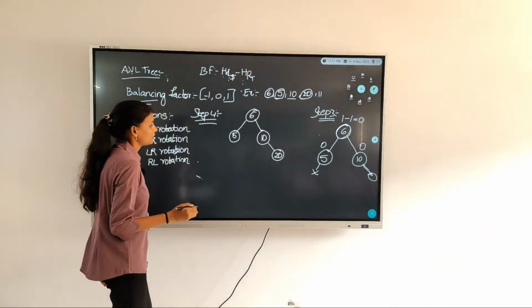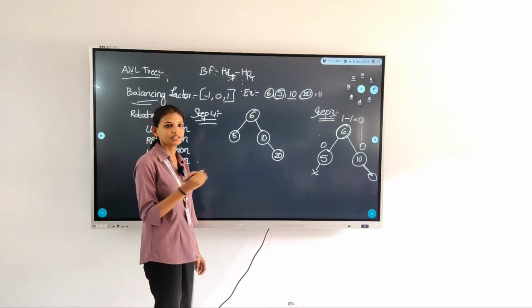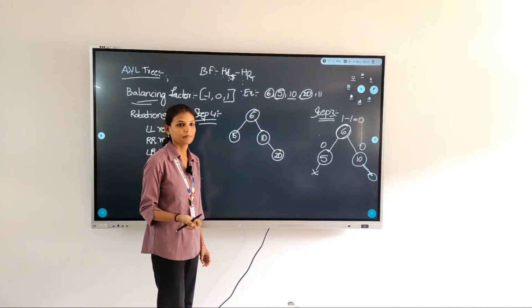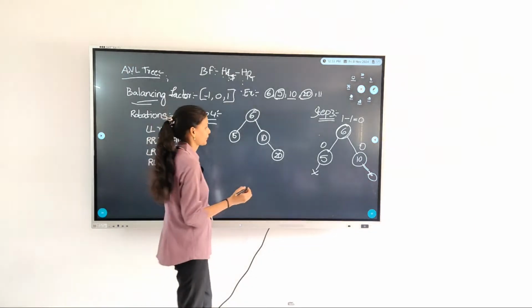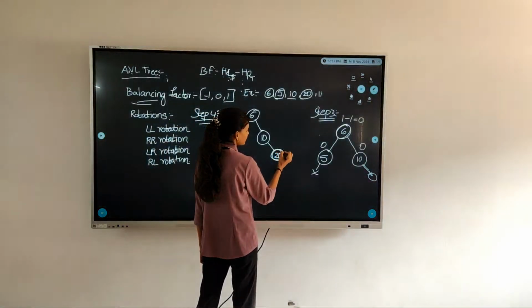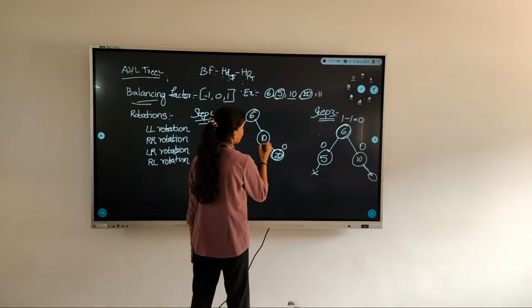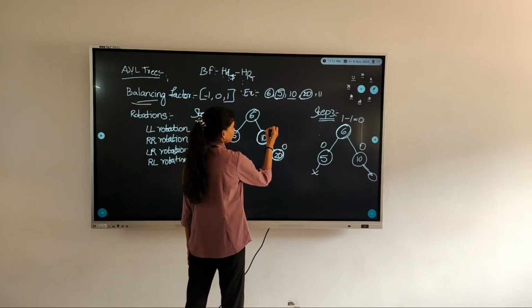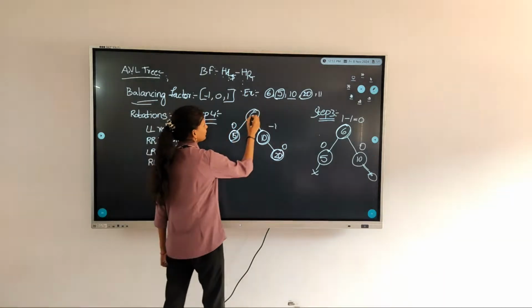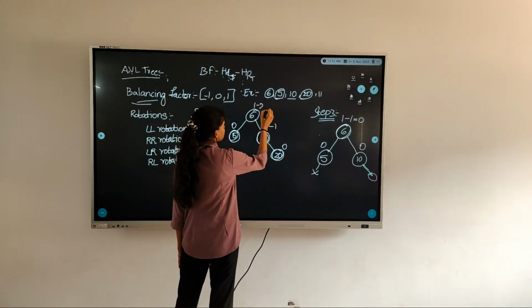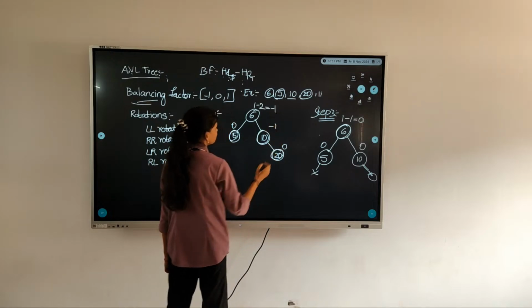Here also, can anybody say whether it is balanced or not? So here the balancing factor is 0, and here -1, and here 1 minus 2 equals -1.